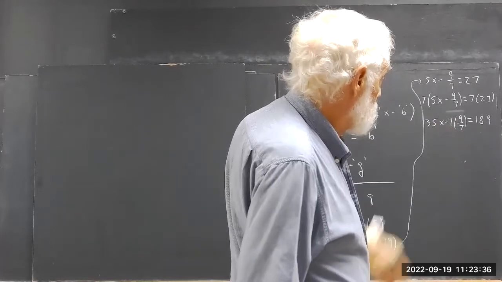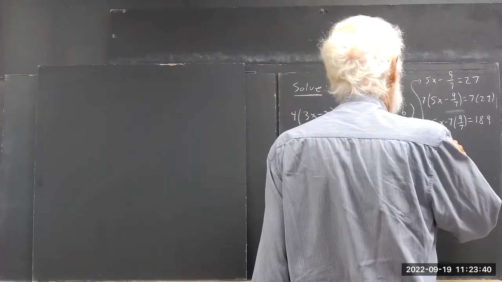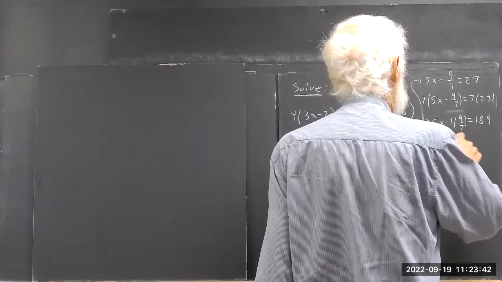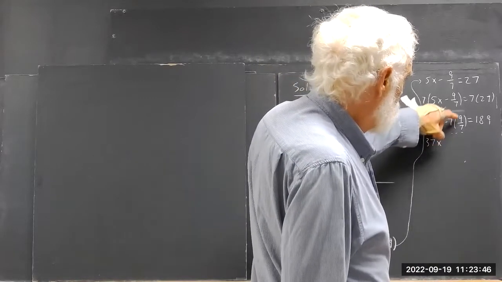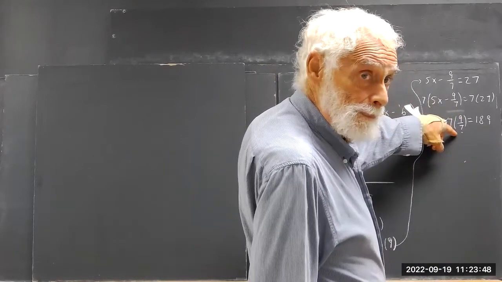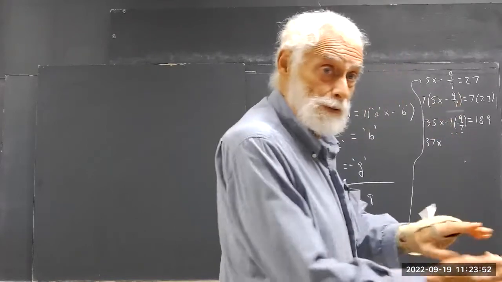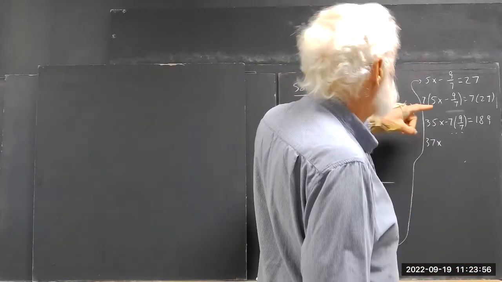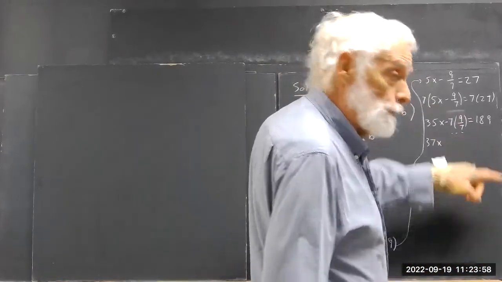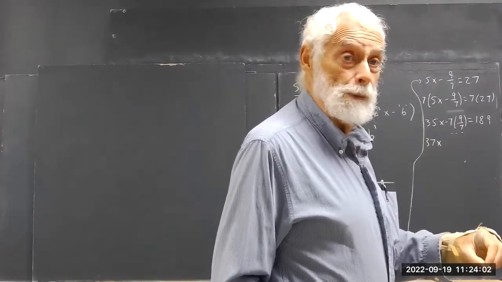I wrote this multiplication because it's a multiplication of a fraction by a whole number. That's where your dots come in. 7 over 1 times 9 over 7, the same as 7 over 7 times 9 over 1. Just switch those denominators. It makes no difference because when you multiply the numerators and multiply the denominators, you get the same thing both times.